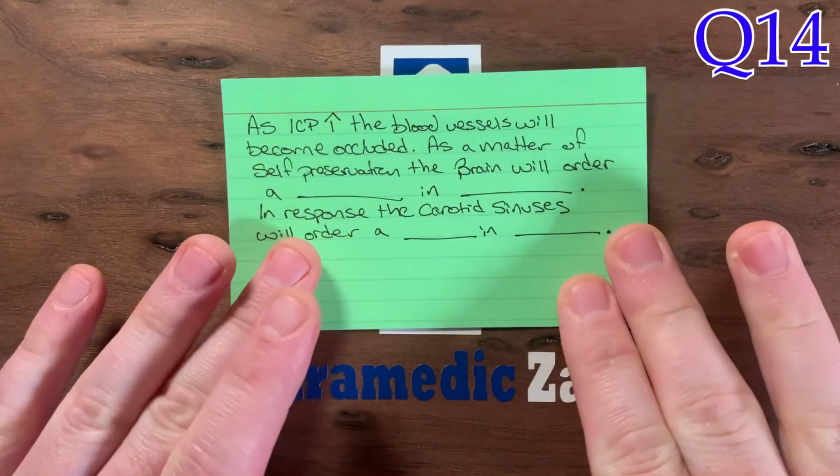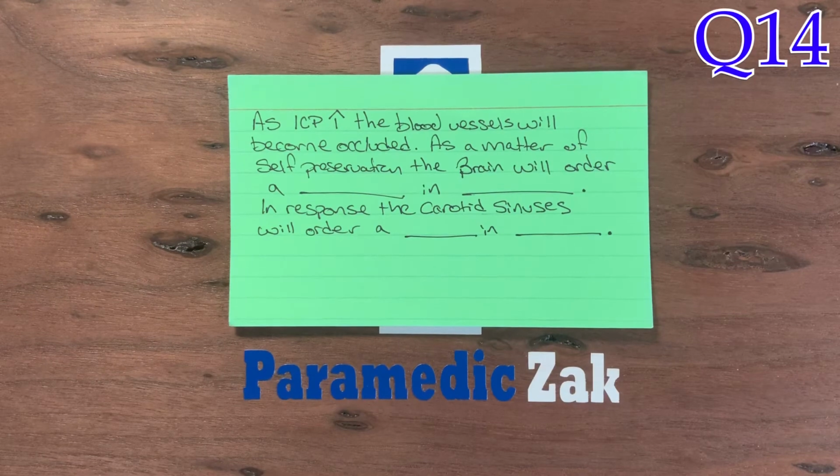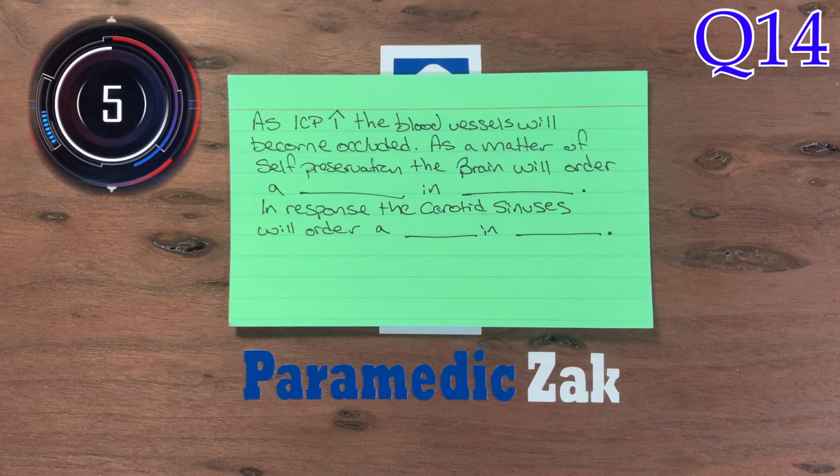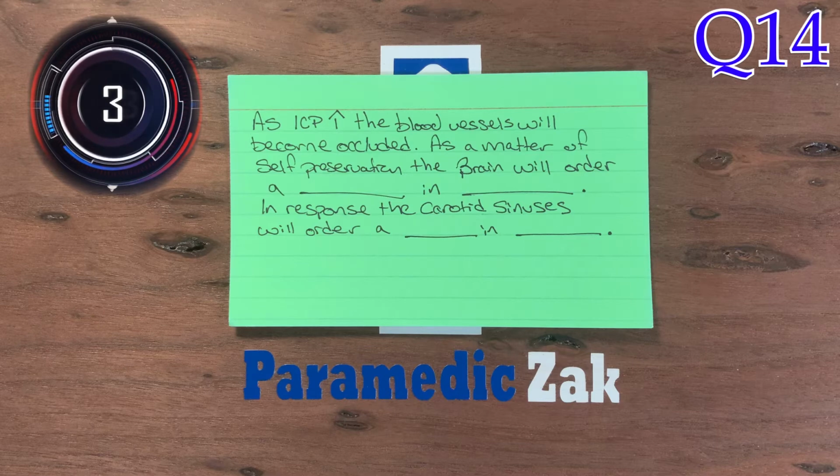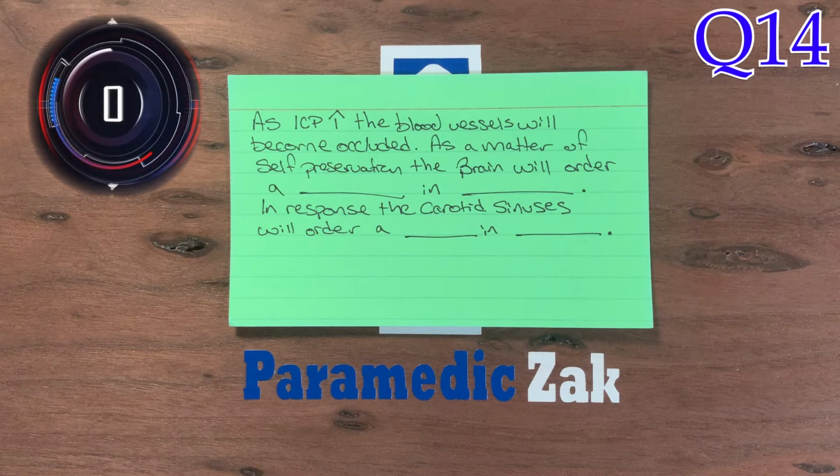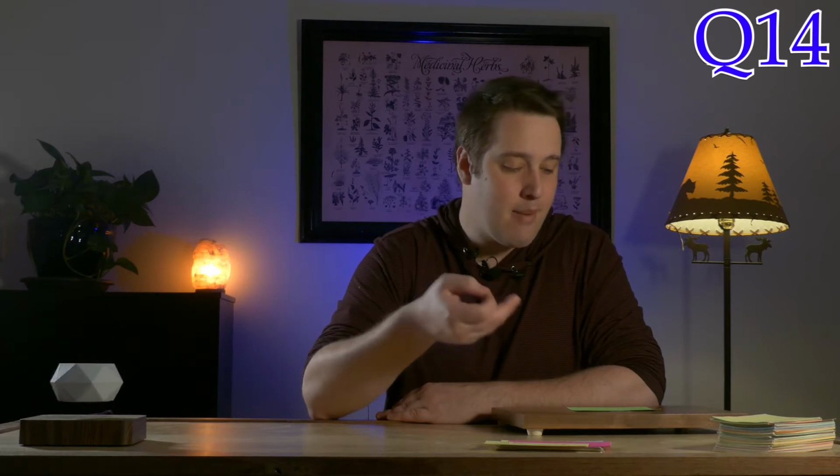All right, question 14. As intracranial pressure increases, the blood vessels will become occluded. As a matter of self-preservation, the brain will order a blank in blank. In response, the carotid sinuses will order a blank in blank. Alright guys, so I know that with these kinds of questions, the answer could seem like anything, but I made this question intentionally so that I could remember a piece of information that I thought might be vital.